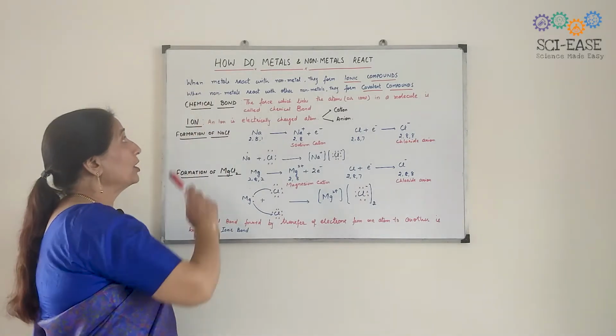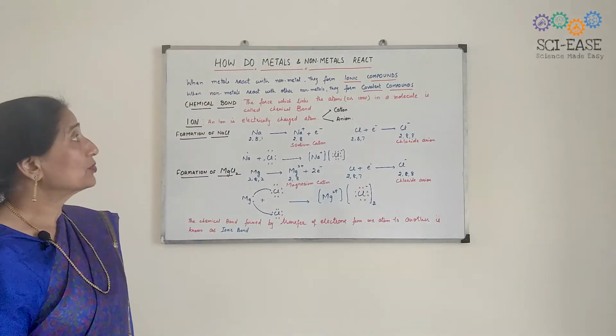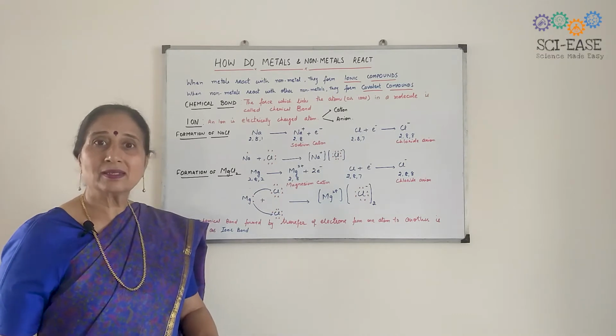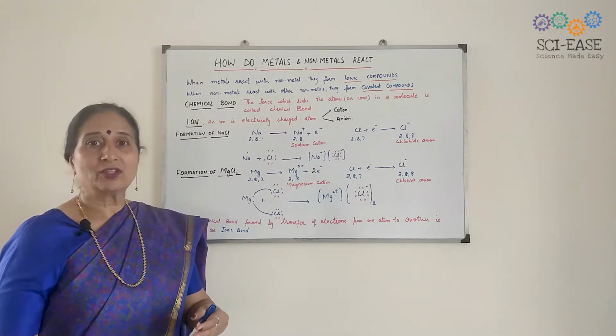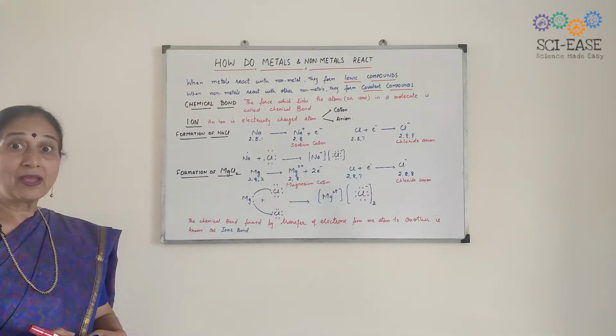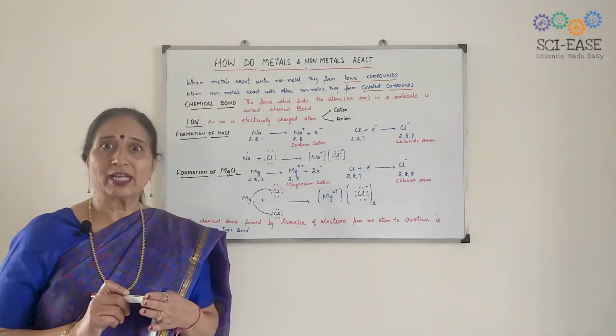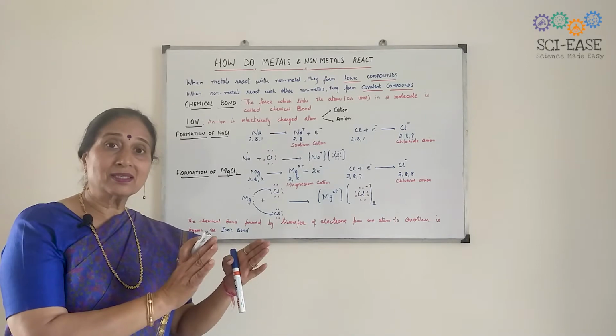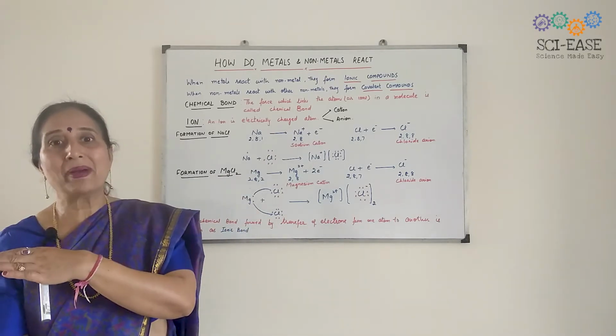And when non-metals react with other non-metals, they result in the formation of covalent compounds. One thing I want to tell you is that metals do not react with metals.